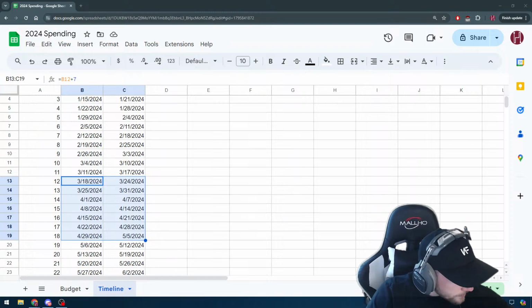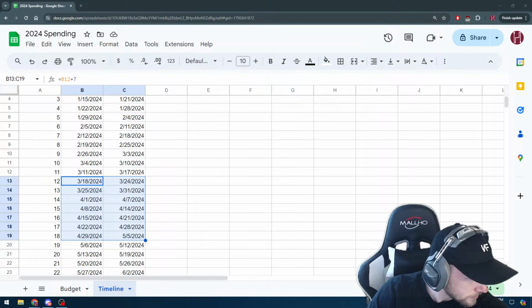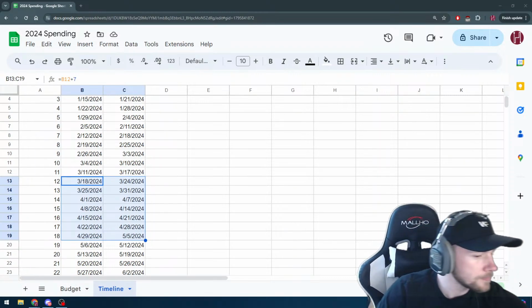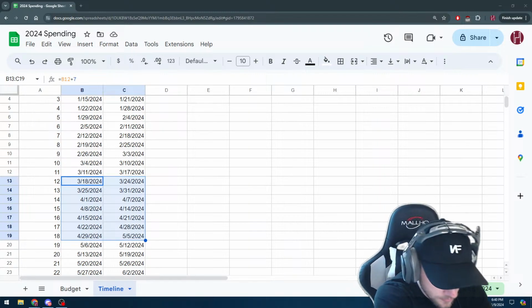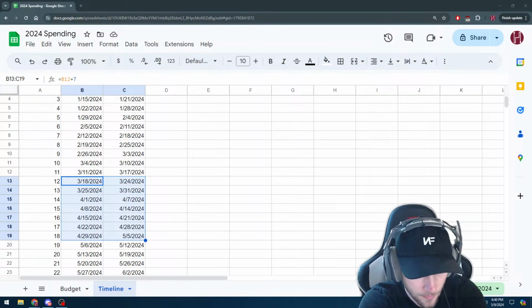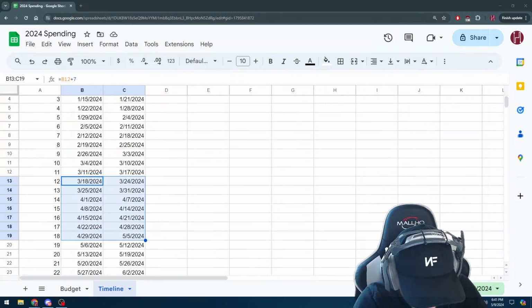Go over here. 14. 15. 16. 17 and 18. Got sticky notes everywhere. Very nice.